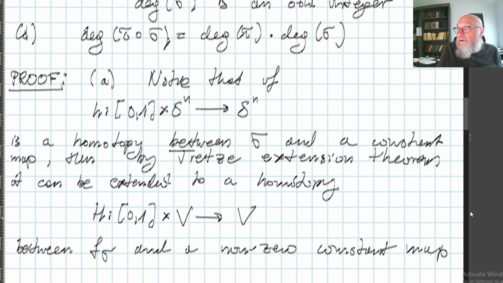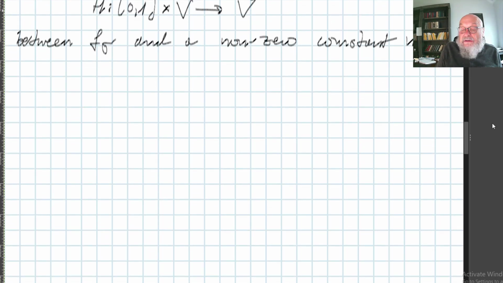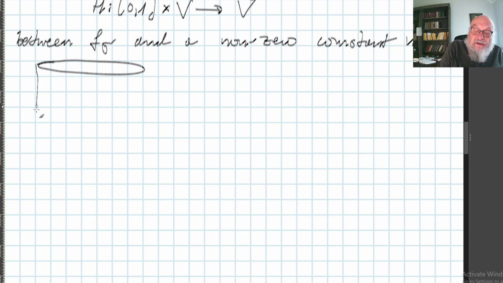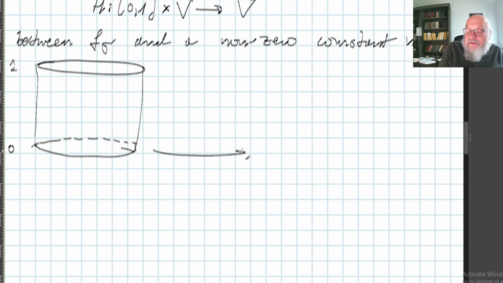Indeed. Just look how it is. Here we have the homotopy, so let's write it up. We have kind of a cylinder, because the bottom of the cylinder is S1. So this is 0, this is 1, and at the bottom this is sigma, and it goes here to the circle, and this is a homotopy, so at the top it is actually going to a constant certain value c on the circle.